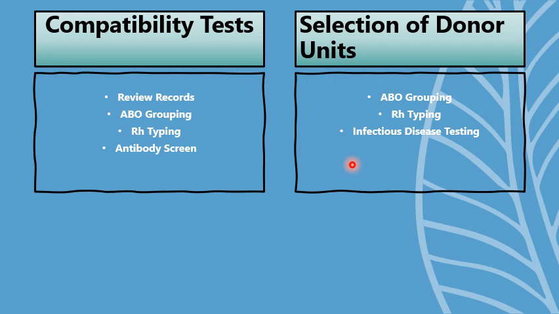So, components like platelets, plasma, and cryoprecipitate require no compatibility testing, but instead, ABO grouping is sufficient because these components contain very few red blood cells.